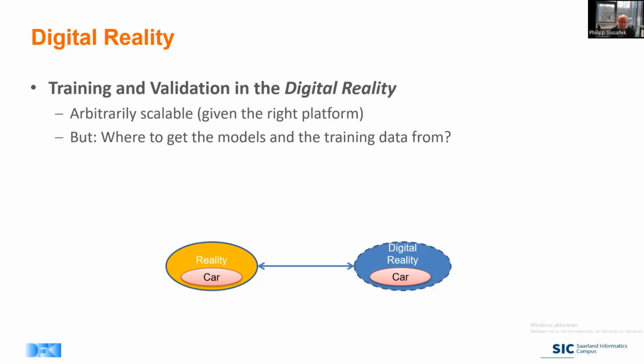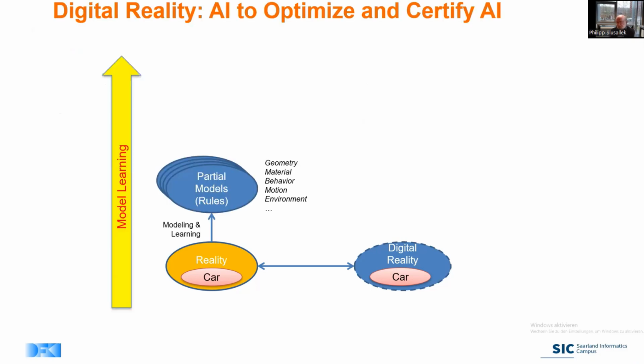So the question is, how can we address that? And this is where digital reality comes in. This is what we call our approach, and I want to go quickly through that approach here. That's a 4-step process.